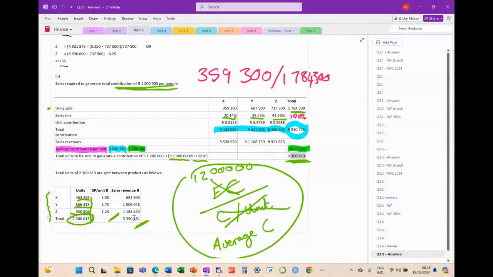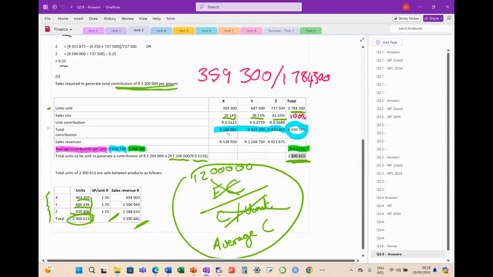And the sales mix, if you look at sales, under sales it says product X, you've got 538,000. Product Y, you've got 1,168,000. Can you see that? And then product Z, you've got 921,000. So that shows you your product mix. So then what you need to do is add all of those together, okay?